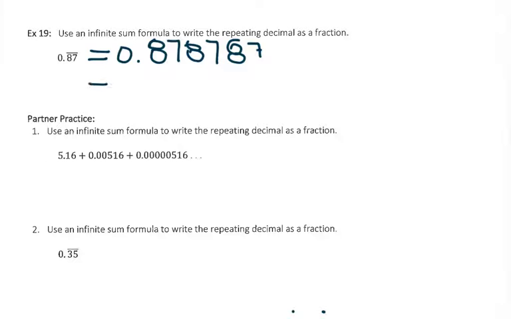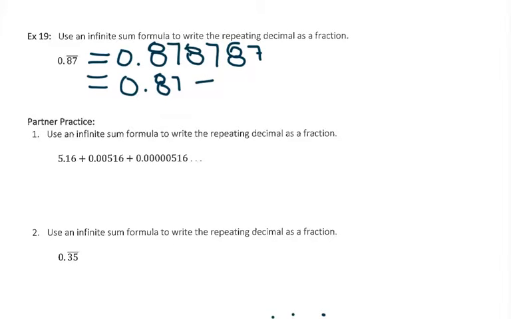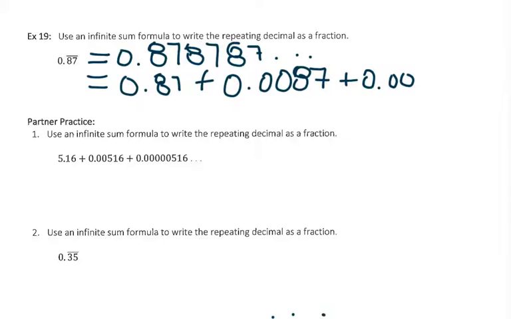And if we were to split that up, it looks like 0.87 plus 0.0087 plus, and then instead of 2 zeros, we actually need 4 zeros this time, and then 8, 7. And the pattern continues. You're moving 2 decimal places each time.